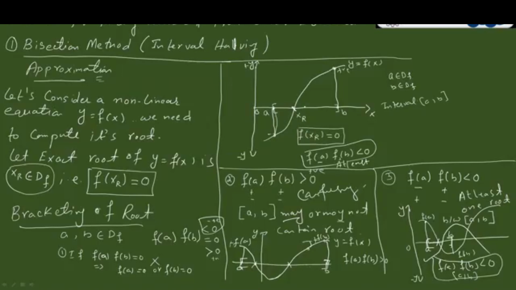I have to bisect that interval. So this is A and this is B. If I want to find the midpoint of the interval, which is obviously lying between A and B, you have learned in statistics as well: if you compute the mean of two numbers, it will lie between the two numbers. So if I compute the mean of these two quantities A and B, I will get something which is in the middle of these two numbers.